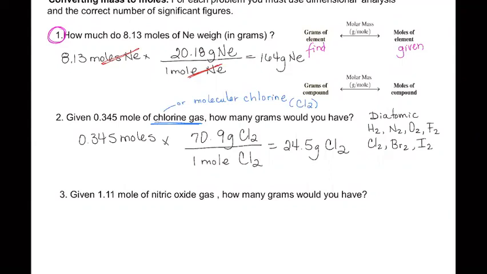chlorine gas, so out of these diatomics, the only ones that are gases, let me just use my highlighter tool to specify which ones are a gas, which ones is a liquid, and which one is a solid. So let's say that the problem would have said the same thing, but it would have said liquid bromine.